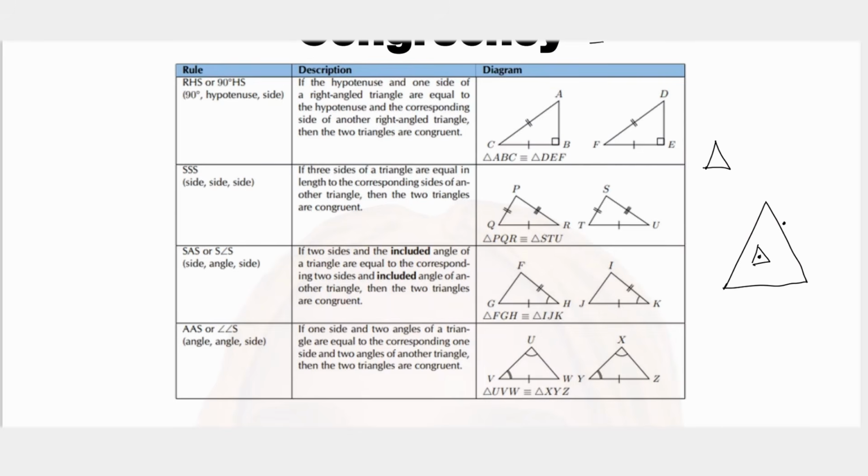The only difference is that their sides are in proportion. I'm going to talk more about proportionality, but their angles are going to be identical with each other. With congruency, we have 2 triangles that are equal in everything, so they are equal in length and equal in angles. Whereas with similarity, they are equal in angles, but not equal in length; their lengths are in proportion.